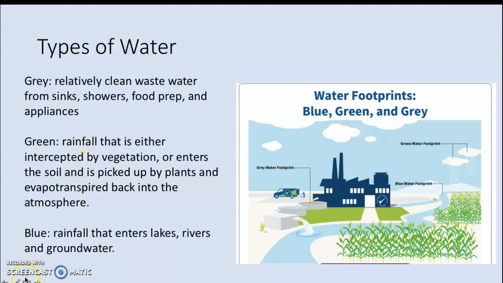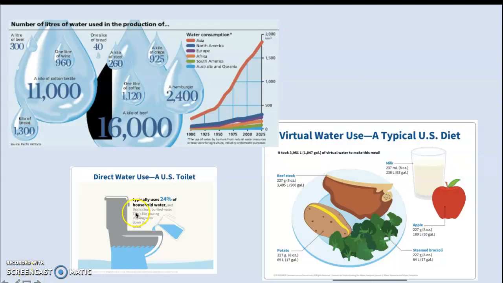Oops, sorry, I meant to go back down here. Again, 25% of your water every day flushed right down the toilet. And when you eat, depending on what you eat, everything uses water to be made. 189 liters of water for apples. Milk, 238 liters of water.